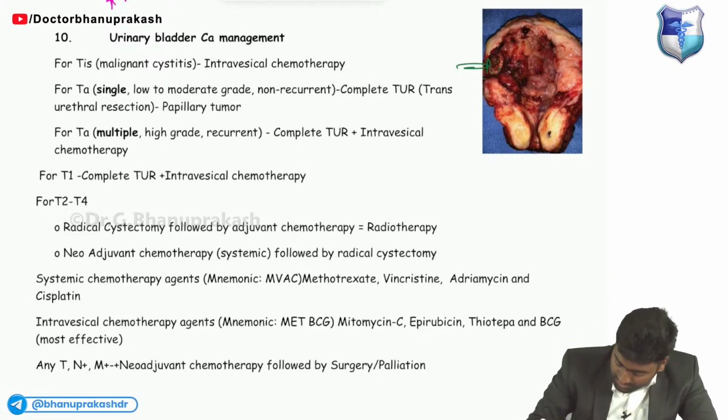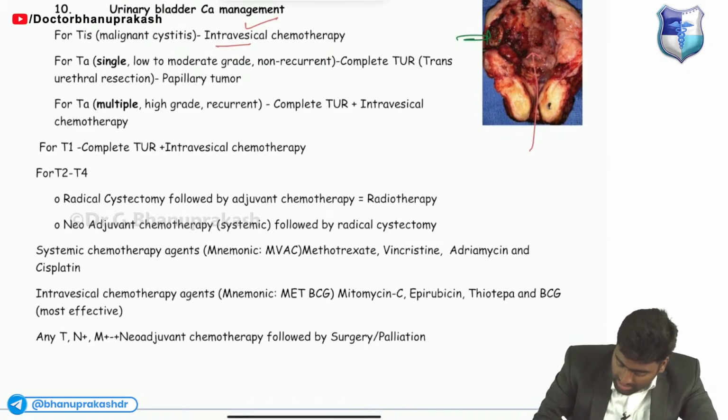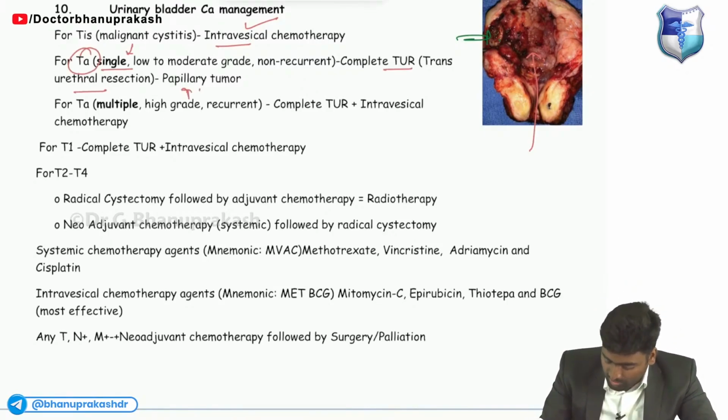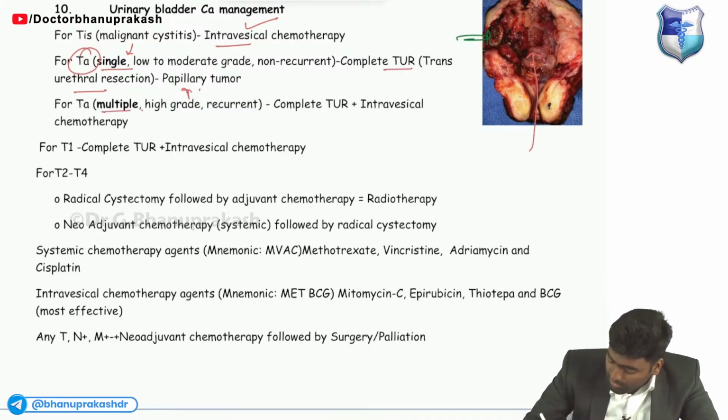See, in the initial case, he will go inside the bladder and give intravesical chemotherapy, followed by this, if there is a small and single lesion, he will go by the transurethral route and remove it. Mostly if it is small and single, it is a papillary tumor, and if it is multiple, he will go for TUR resection and also chemotherapy.